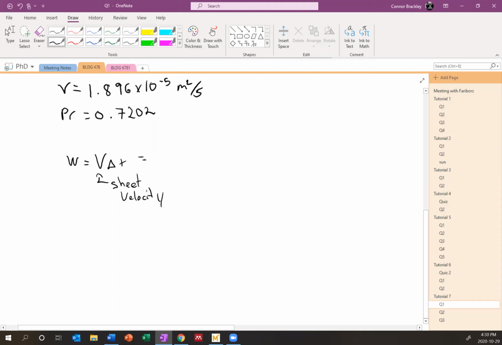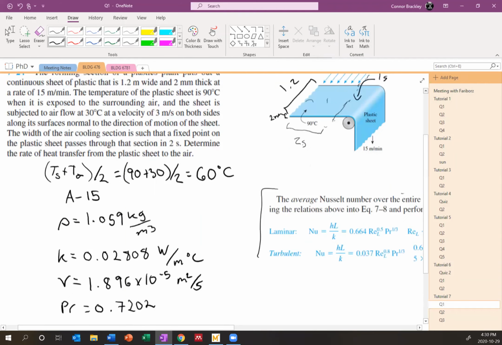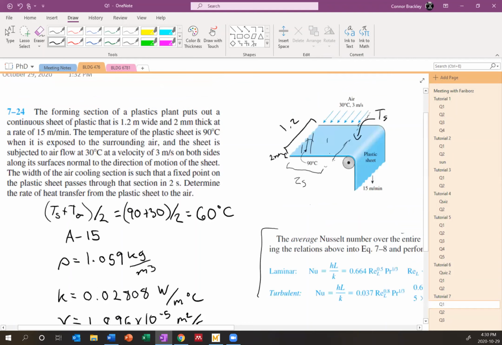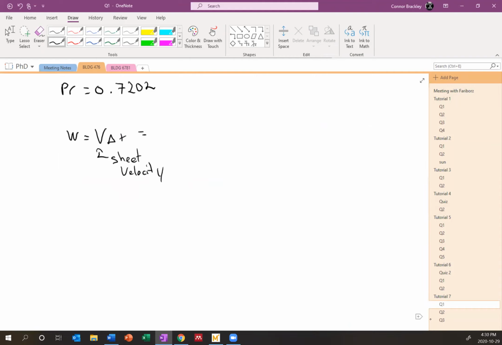Again, this is just going back to the picture, to figure out what this area is, and then we'll get more into the convection stuff. So it's 5/60 meters per second times our 2 seconds, which is 0.5 meters.